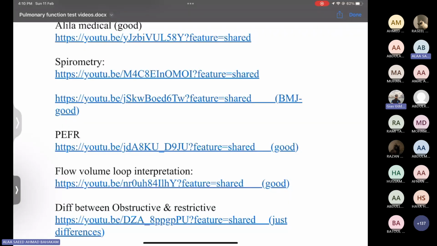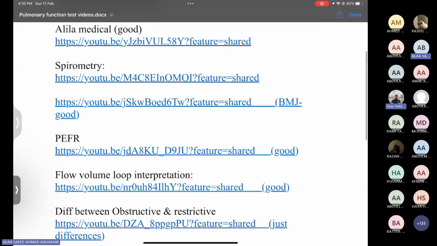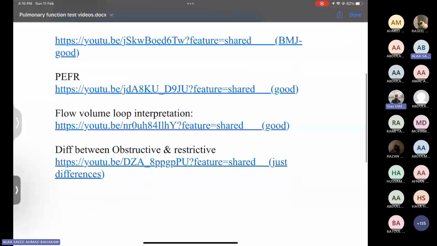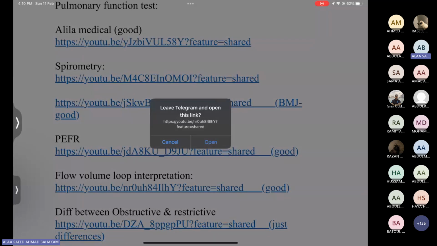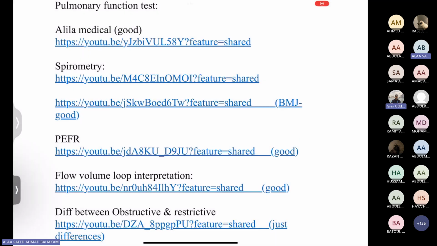Okay, so about this video, a little difference between the restrictive and obstructive lung disease. Is it clear there? Yes. In the obstructive lung disease, what happens to your total lung volume and residual volume?